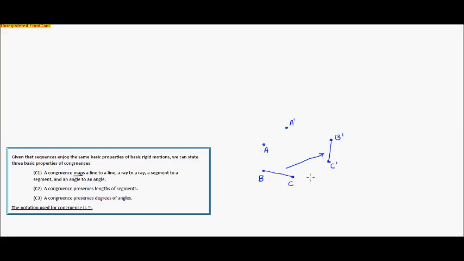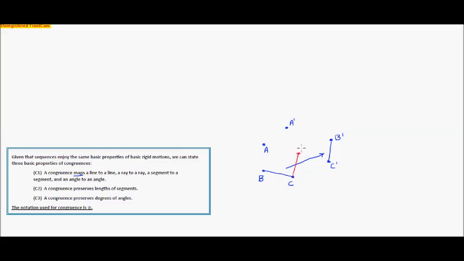I could say I might rotate it and then translate it. If I switch over to red here, I might rotate this line segment about point C. We'll put a little red dot there to mean I'm going to rotate about point C. I might rotate it a certain number of degrees, and it would rotate and look like that.